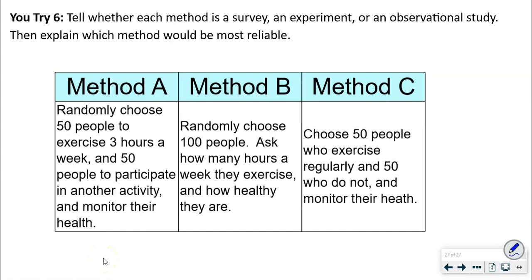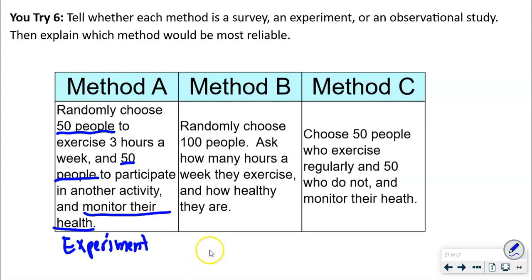Okay, so Method A is randomly choose 50 people to exercise 3 hours a week and 50 people to participate in another activity and monitor their health. So we got 50-50, right? And we're going to still monitor their health, right? Is this going to cause them any harm? No. So we can call this an experiment, right? All right, a middle one.